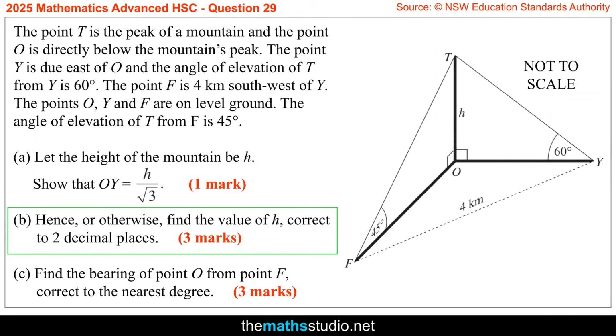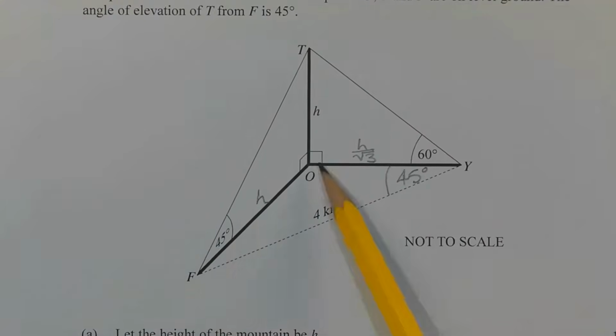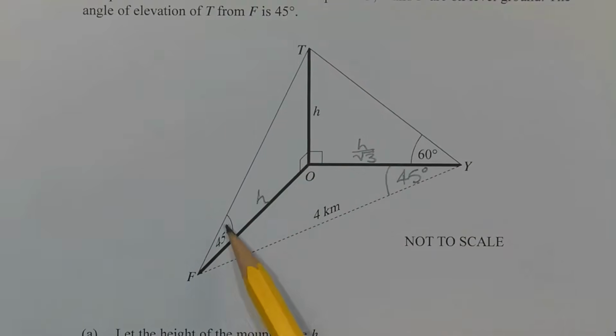Part B, hence or otherwise, find the value of h correct to 2 decimal places. In triangle OTF, OF is equal to h because in this right angled triangle, this angle of elevation is 45 degrees. We have an opposite side, we have an adjacent side, and we know that tan 45 degrees is equal to 1.